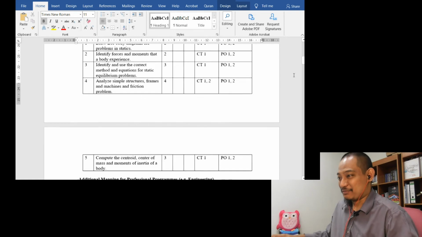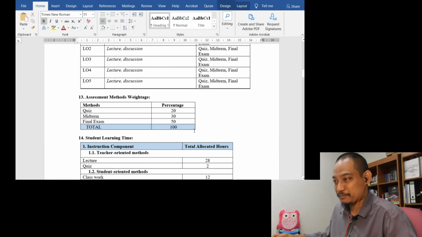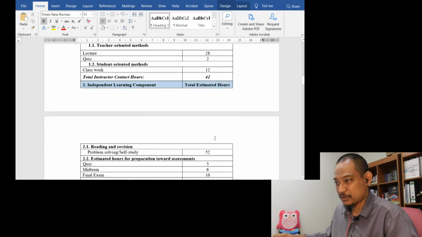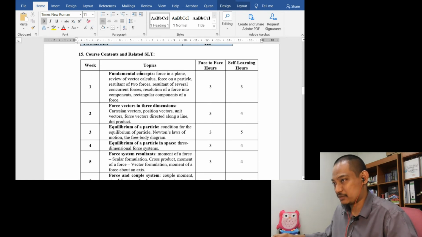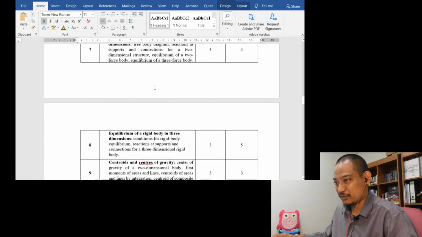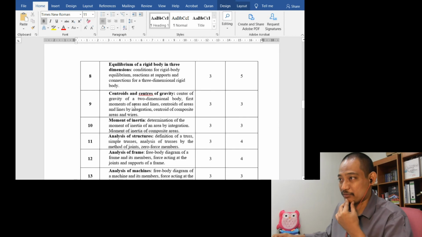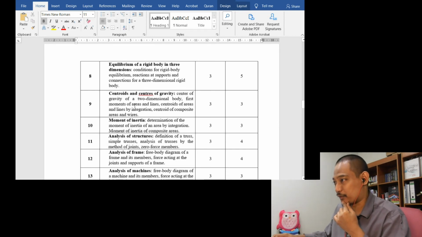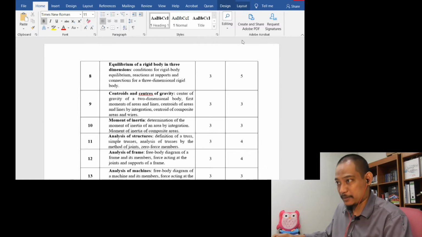So even more challenge to you, alhamdulillah. Anyway, quiz will give you 20%, midterm 30%, final exam 50%. That's basically the weightage of the assessment. Then you have all the different topics here, and that's the reference. Remind me if I forget to put this online, inshallah. All right, that's the course outline.